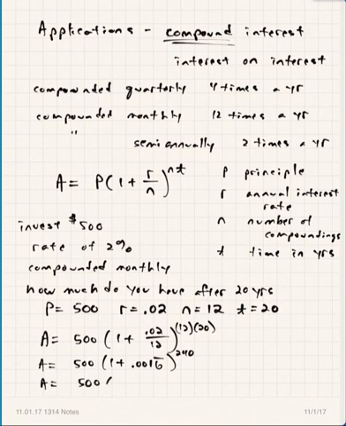So this formula would become 1.0016, the 6 repeating, to the 240th power. So what you might do here is enter that decimal number to the 240th power, like that, and then take that answer and multiply it by 500.